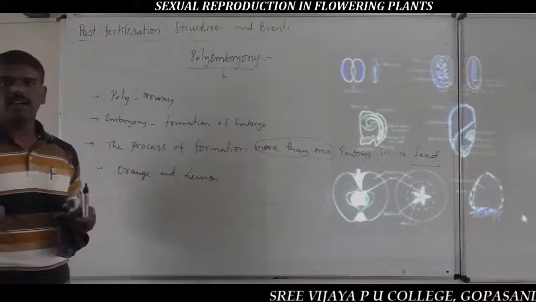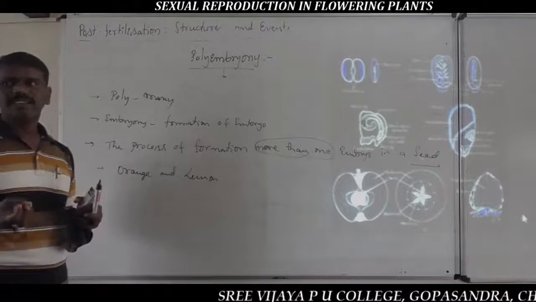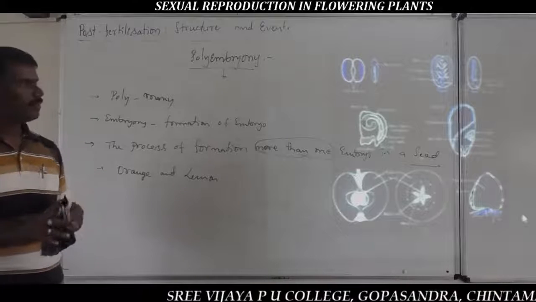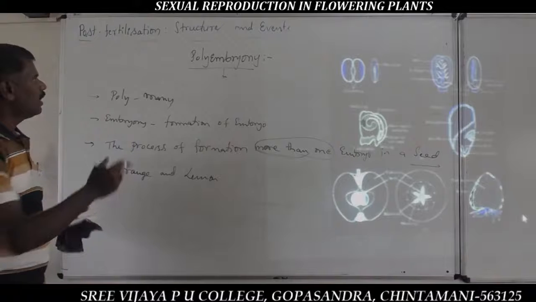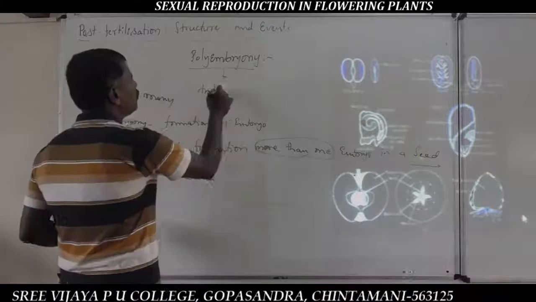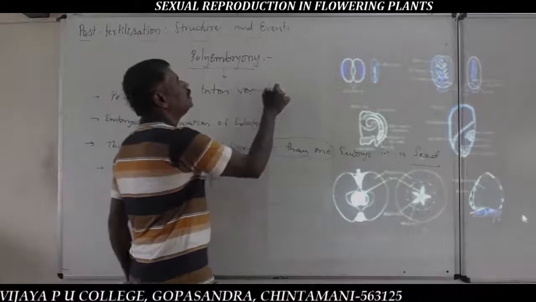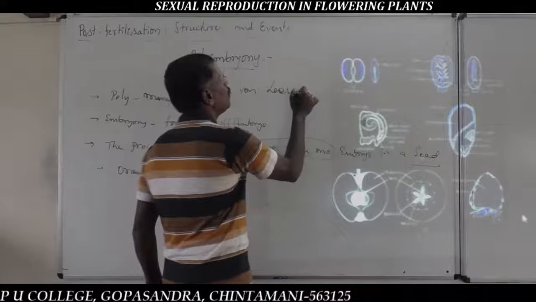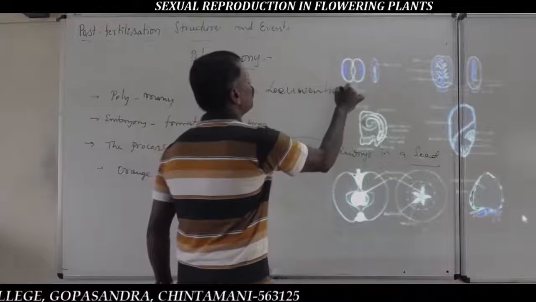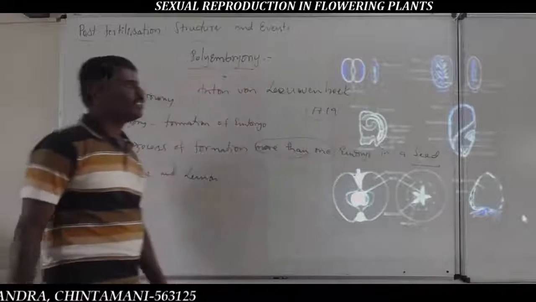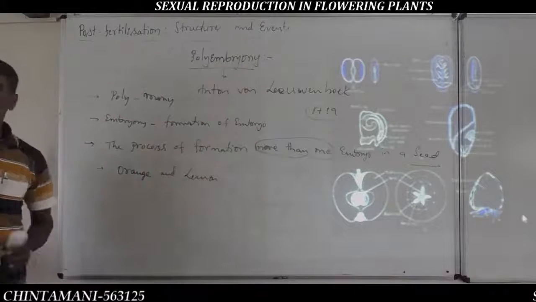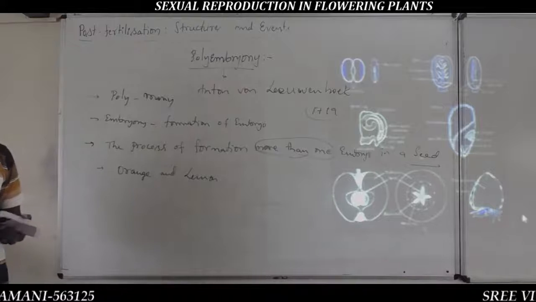The remaining either degenerate or are not completely developed. Polyembryony was first reported by Anton van Leeuwenhoek in 1719 in orange seeds.